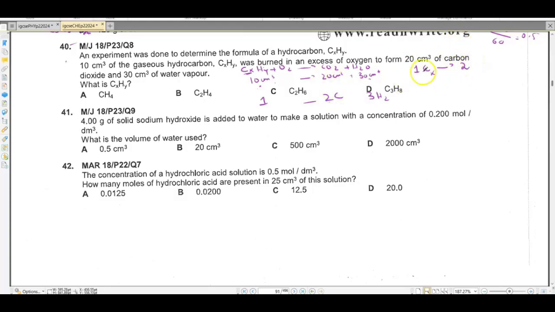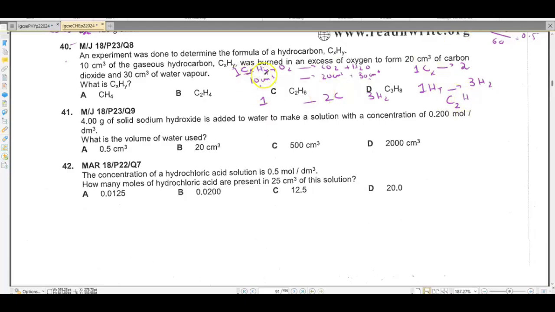So over here x is equal to 2, sorry. And over here we've discovered that 1 Hy, since this is in a ratio of 1, gives you 3 volumes of H2O. So now what we can deduce from here is that C in this formula is equal to 2.